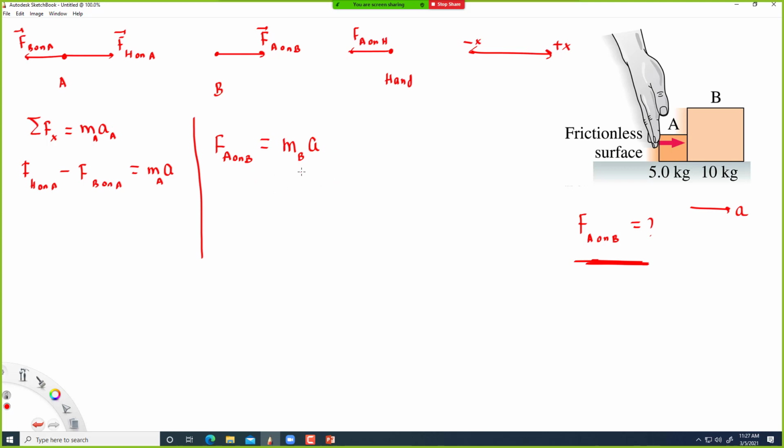Okay. And from Newton's third law we know that F of A on B is equal to F of B on A, magnitude wise. They have the same magnitude, action and reaction forces. So that means this would also be equal to F B on A.